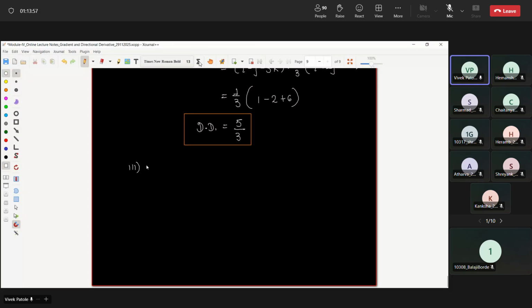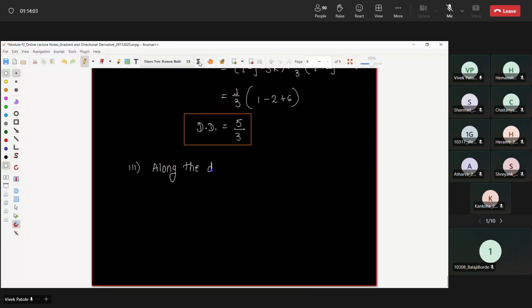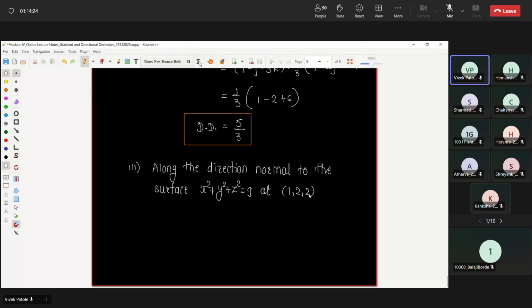So 3, along the direction normal to the surface x square plus y square plus z square equal to 9 at point 1, 2, 2, right?